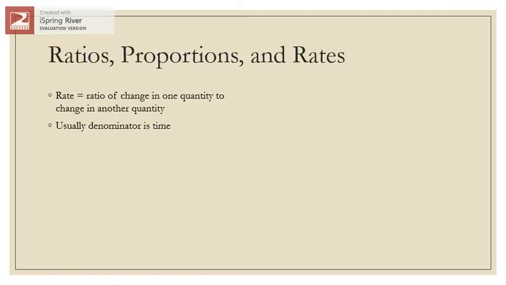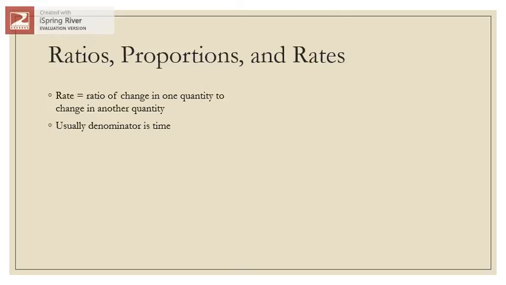A rate is another type of ratio, but this is a specific type of ratio that involves a quantity, a change. Almost always, in terms of epidemiology, the denominator is time. So, a change in time.